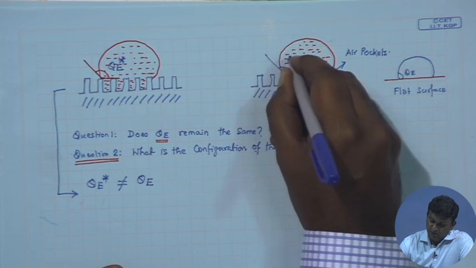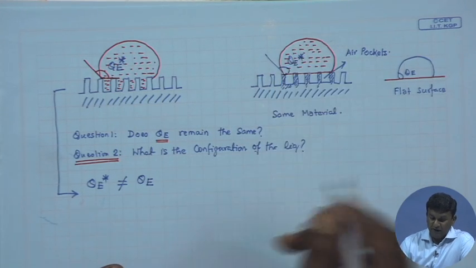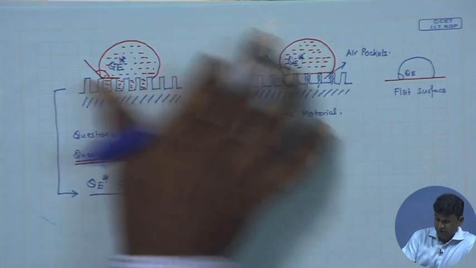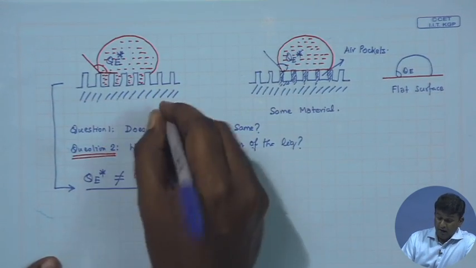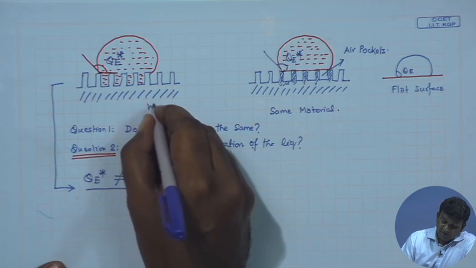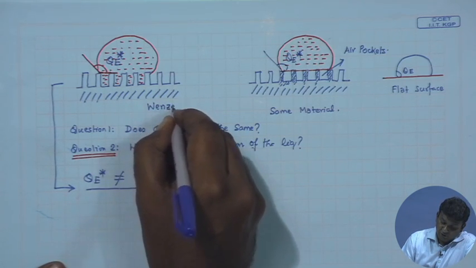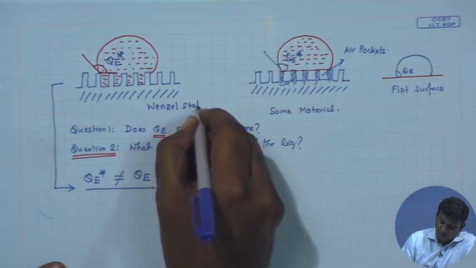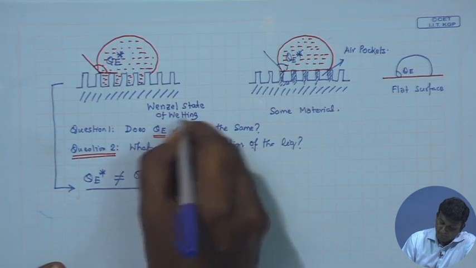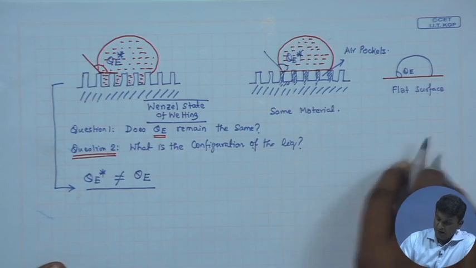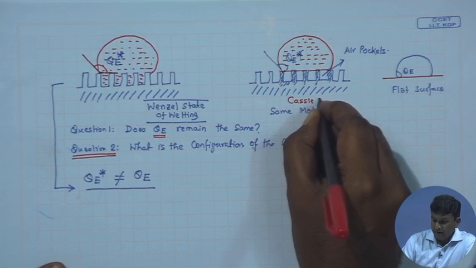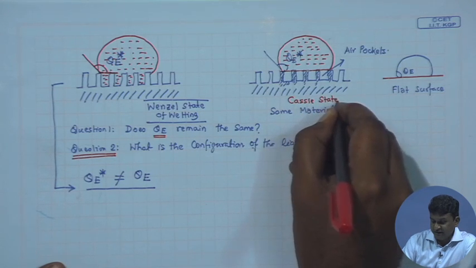Again, here you can have an equivalent equilibrium contact angle, but these two in the two cases are not the same. This is something new that some of you are probably learning. This is what is known as the Wenzel state of wetting. This is what is known as the Cassie or Cassie-Baxter state of wetting.